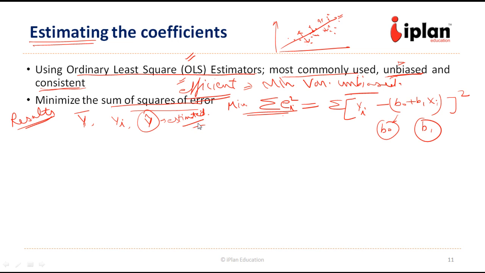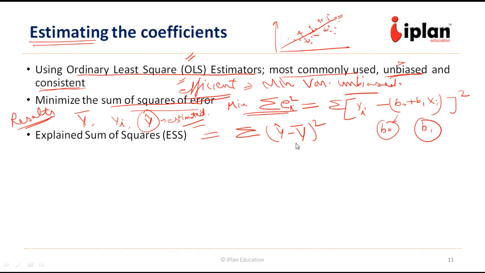We have the explained sum of squares, ESS, which is the summation of the squared difference between y cap, the estimated y, and the average of y. This is how much the estimated y deviates from its mean. This is called the explained sum of squares.